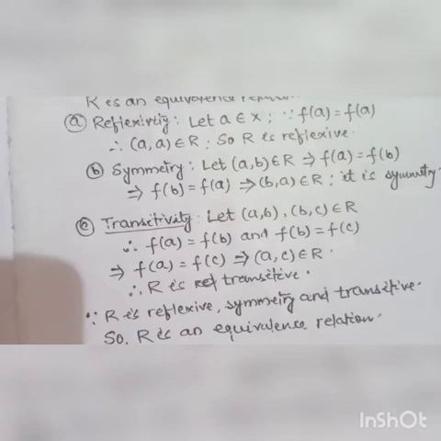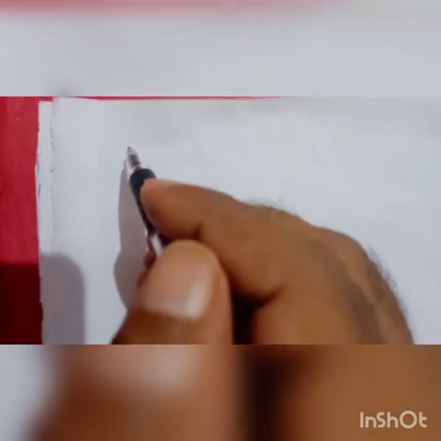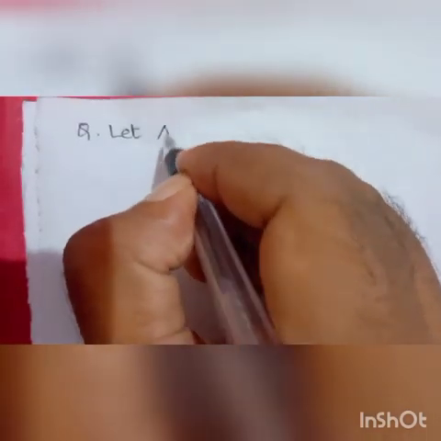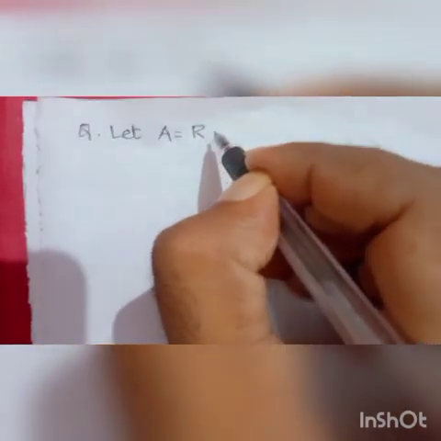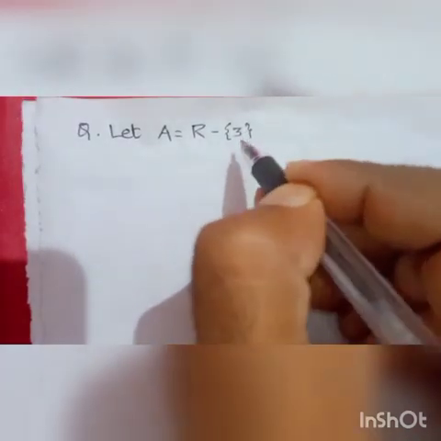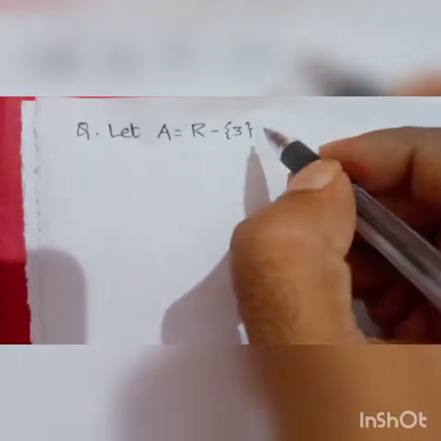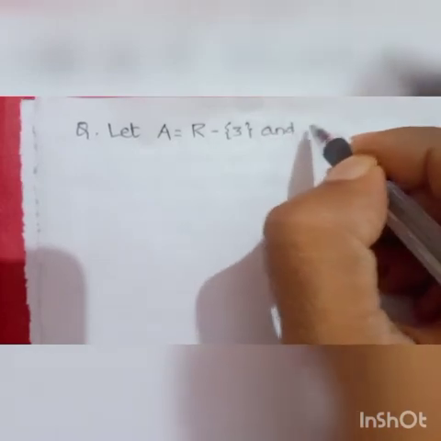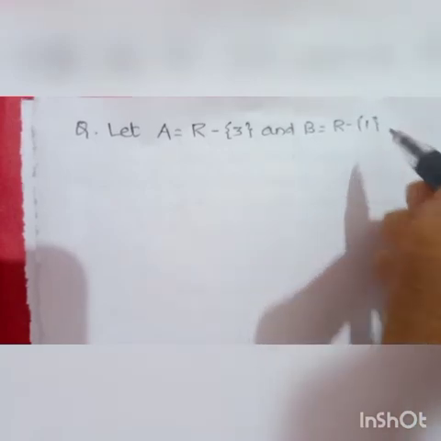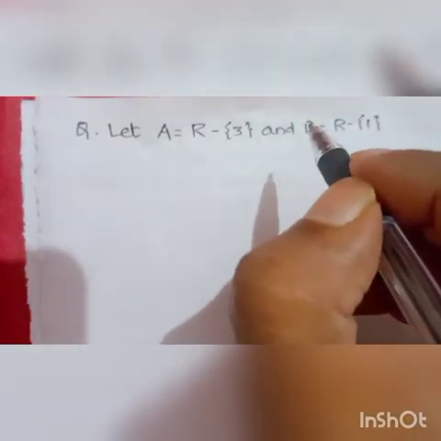Now consider the next question. Let A equal R, which stands for real numbers, minus 3. Only R minus {3} here. And B equals R minus {1}, be two sets.